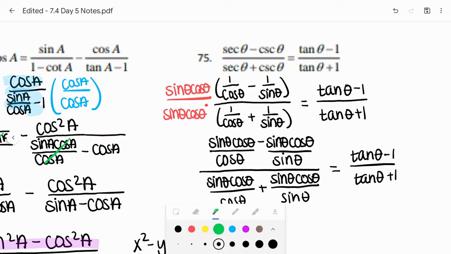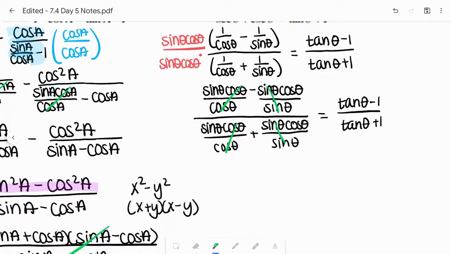Okay, now let's go ahead and cancel a few things out. And let's simplify that. So I am left with sine theta minus cosine theta all over sine theta plus cosine theta.